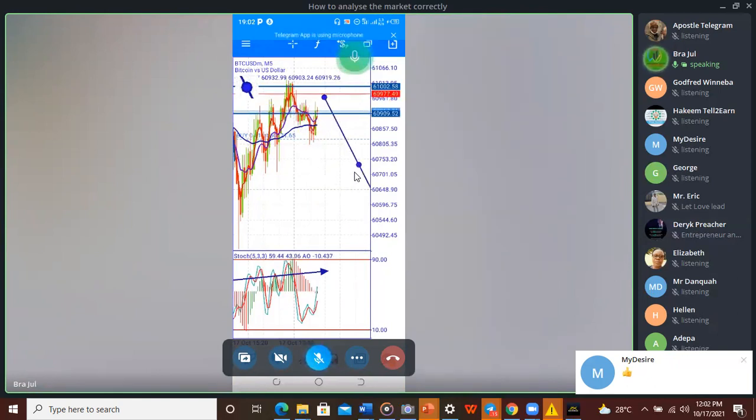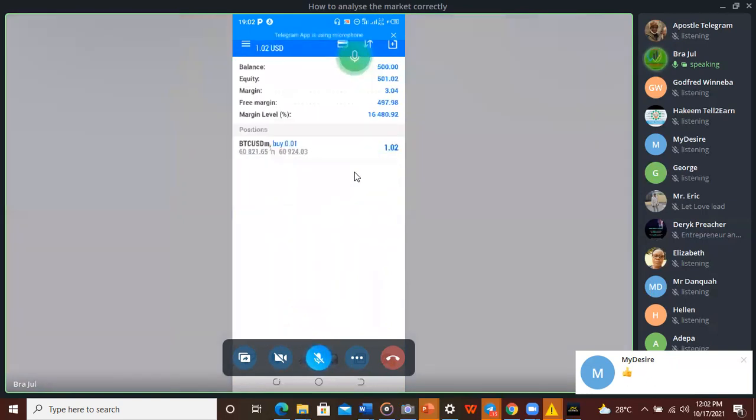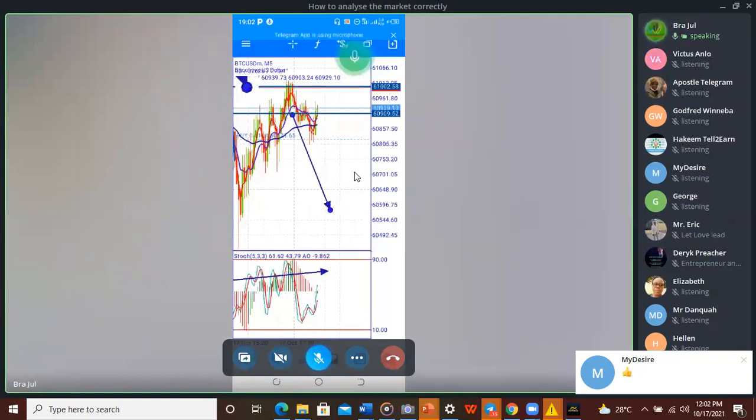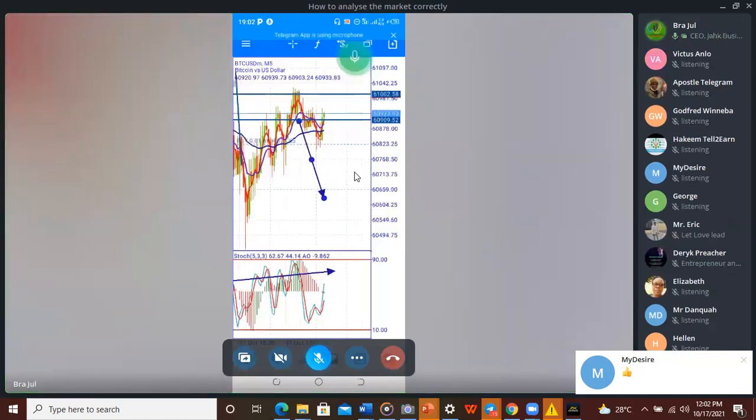You can see that now the price is moving up. Now you can see the movement to the upside is stronger. So the bearish movement has diminished, the bearish movement from here, this way, has diminished.